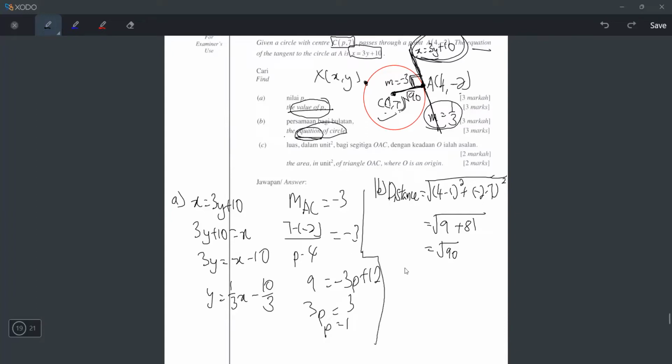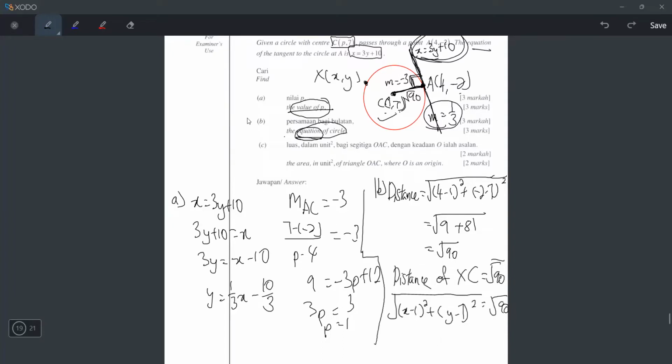And then you write the distance of XC is always square root 90. And then you use the distance formula again, but this time you use x minus 1, y minus 7. If you keep doing like this, you will get the equation of the circle.